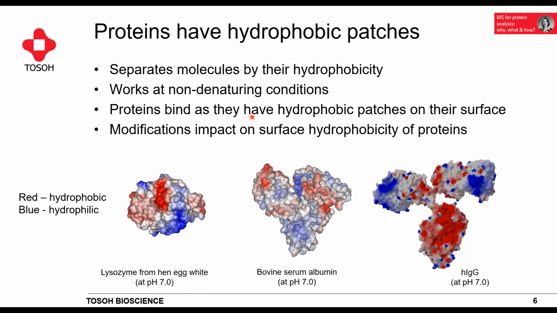What we will find if we look onto the surface of proteins is that there are parts of proteins that are more hydrophilic, shown here in blue, and there are parts that are more hydrophobic, which is due to the different amino acid side chains on the surface of these proteins, meaning these patches can actually interact with the stationary phase of our HIC column. So what we find is different hydrophobicities for different proteins.